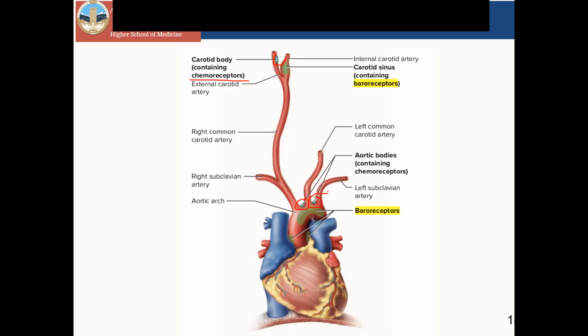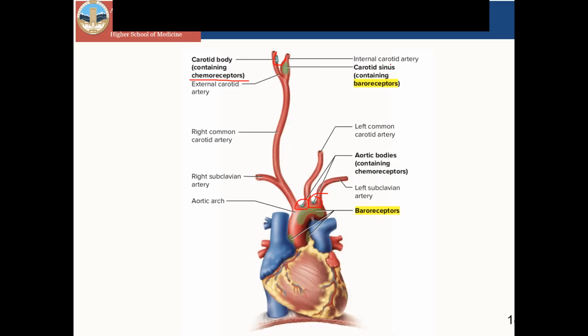When you have increased CO2, hypercapnia, you need to breathe faster to eliminate this CO2 from the body. You need more oxygen in the body, you breathe faster, and the CO2 level in the blood decreases. So these chemoreceptors are connected mostly to the respiratory system.